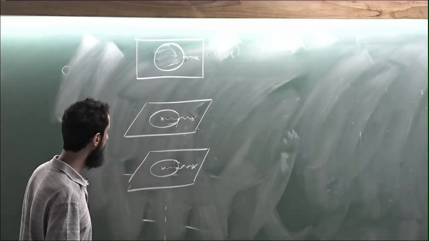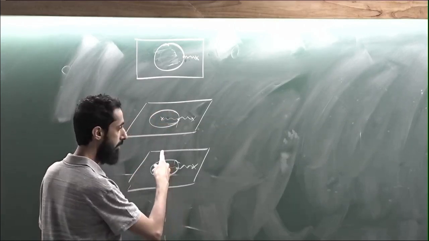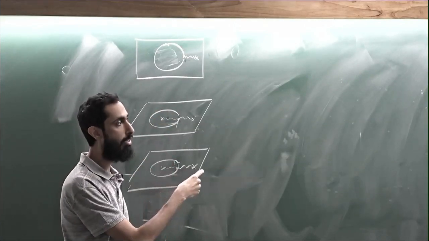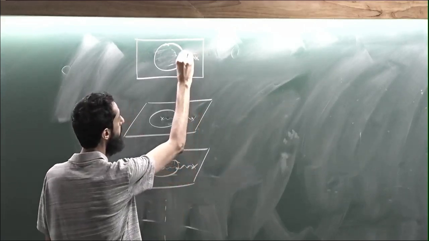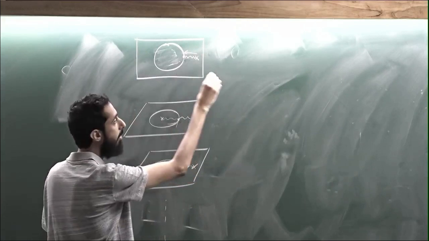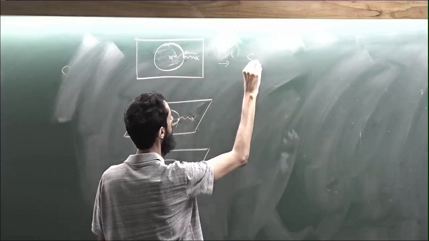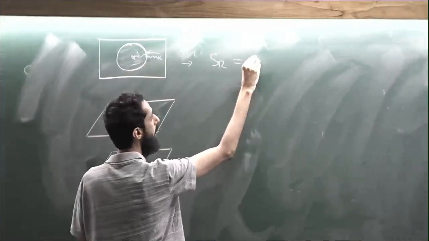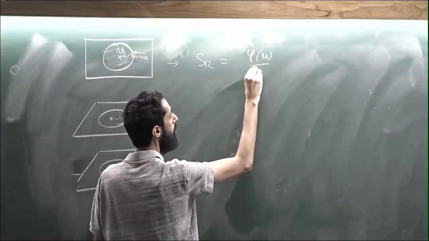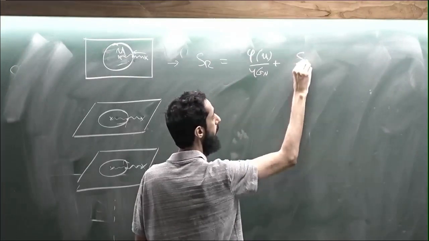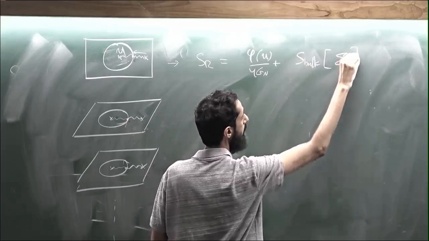The reason why I consider this case is that this derives the entropy formula for computing, let's say, the entropy of the right-hand side. You can take this point to be very near the boundary. So this would say that the entropy of, let's say, the right-hand side is given by phi at this point u over 4G Newton, plus S bulk of sigma u.